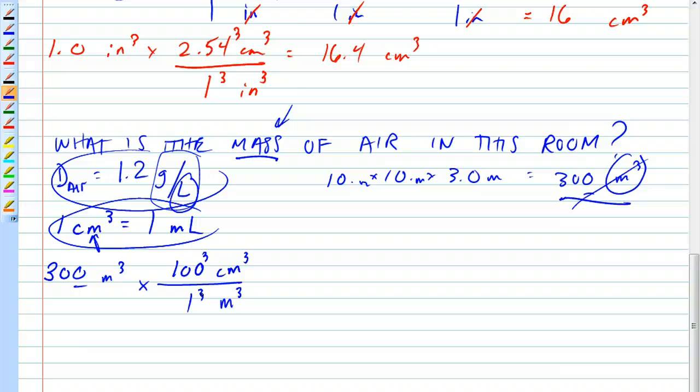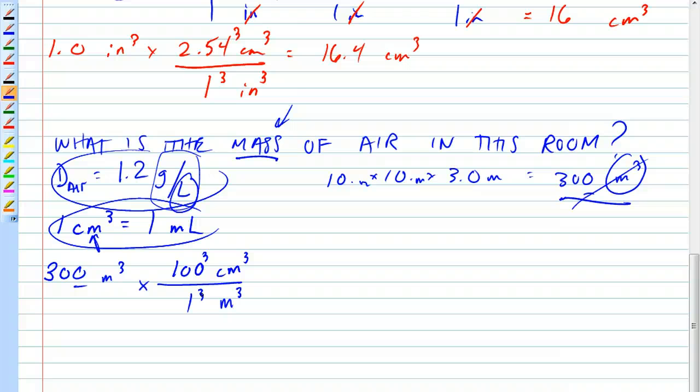Think about it. Here's a meter stick, right? This is 100 centimeters long. So it's 100 times 100 times 100. That's 1,000,000. 10 squared, 10 squared, 10 squared, 10 to the 6th. Right? So now I'm in cubic centimeters.